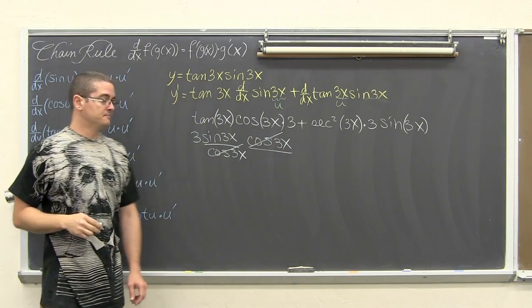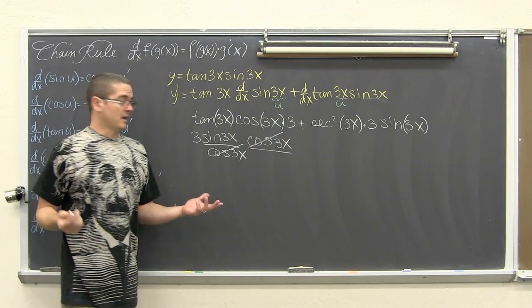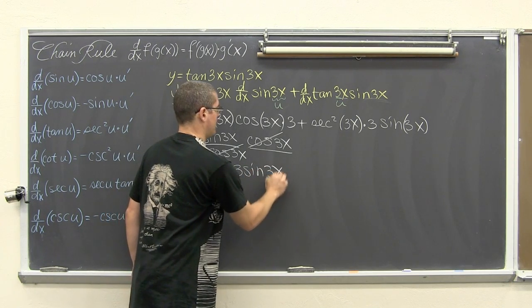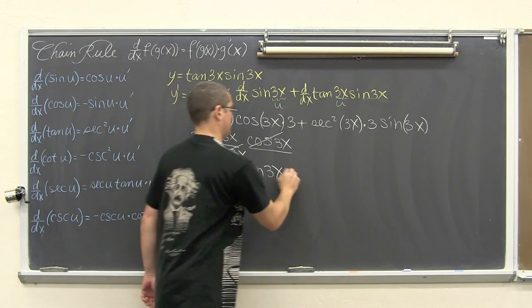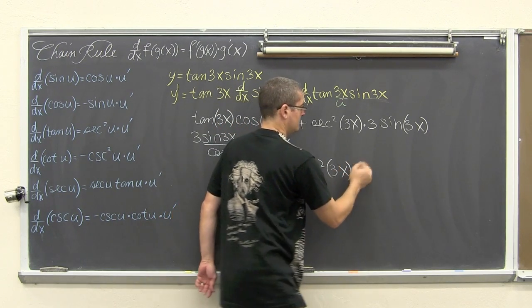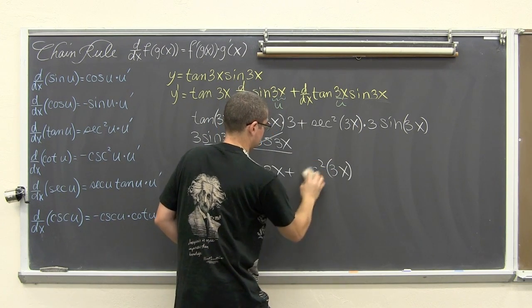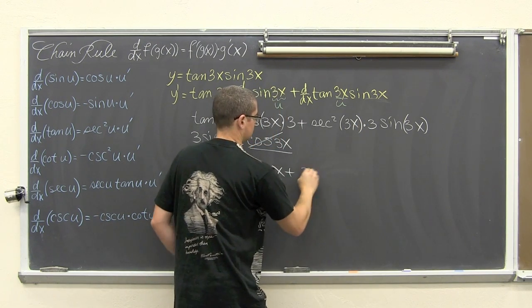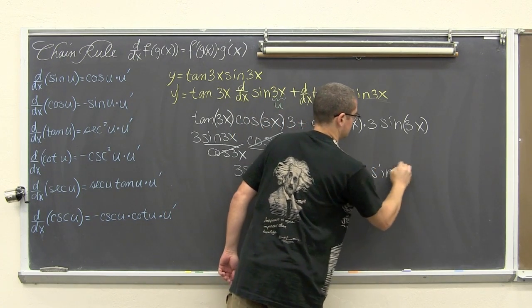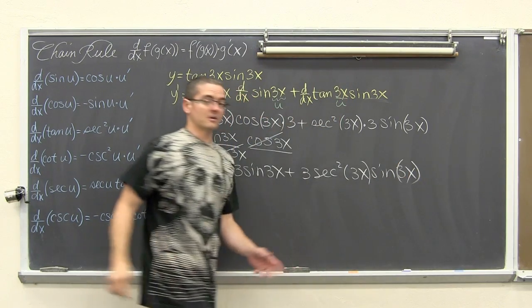Those will cancel out. So you could have as a final answer 3 sine of 3x plus secant squared of 3x. Actually, I should put that 3 out front.